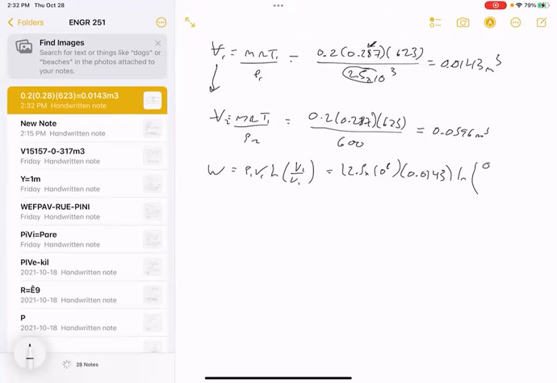So V2 is 0.0596 divided by 0.0143. So let's do the math there. 2.5 times 10 to the 6 times 0.0143 times ln of, I'll say, 596 over 143.